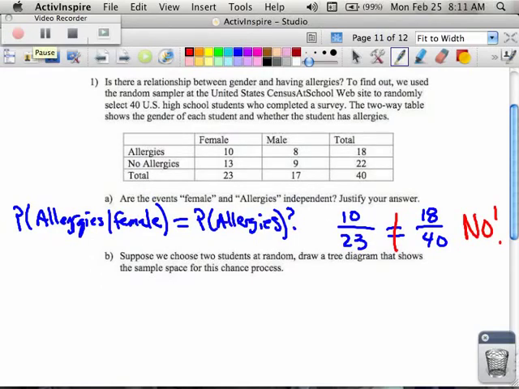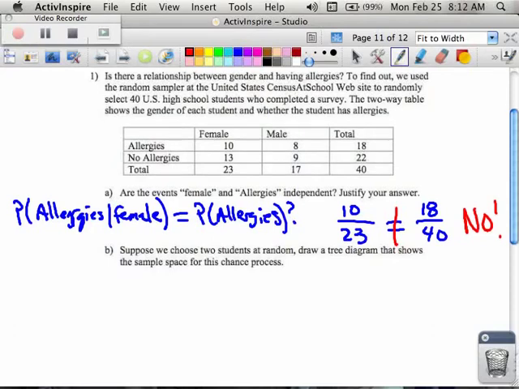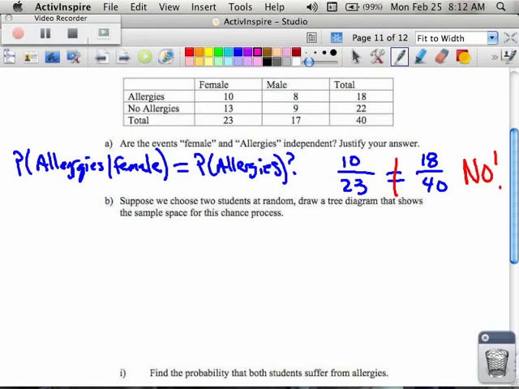Second, we're supposed to choose 2 students at random and draw a tree diagram that shows the sample space for this process. So if we draw a tree diagram, we have the students that we're choosing from, and we could choose the allergies and not allergies, right?